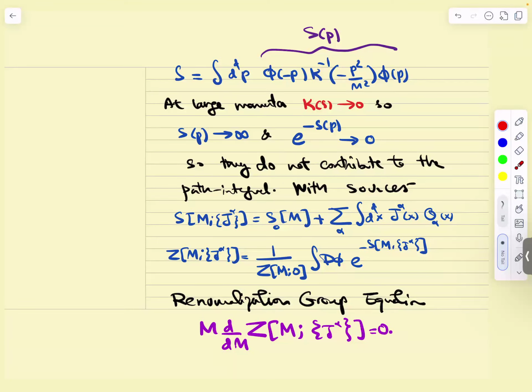What is S? S is p squared over m squared. So as you change m, if I were plotting this as a function of p, this is getting shifted this way. And the profile of this function is just suppressing these modes further and further. But it never discards the UV, it just suppresses.